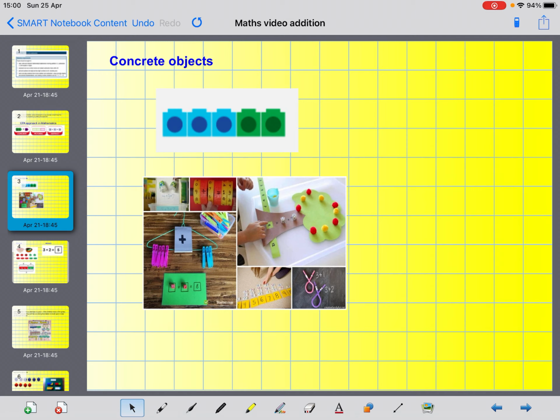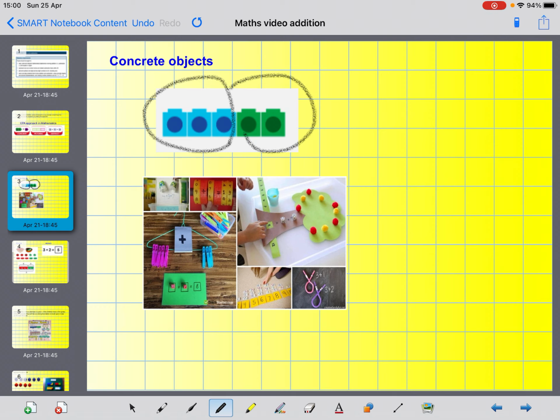So starting off, like you can see, there are some cubes. Children use the cubes and move them to create a number sentence practically. For example, here there are 3 blue cubes, and there are 2 green cubes.